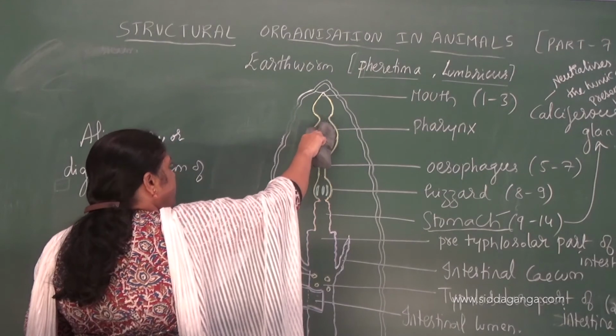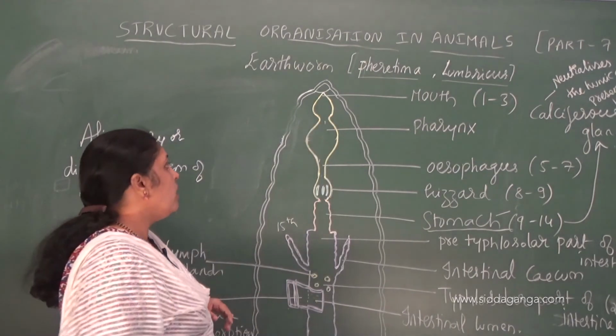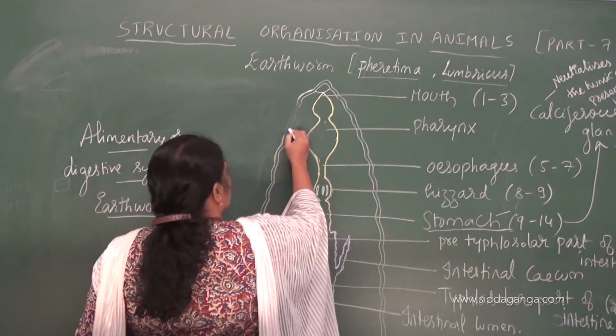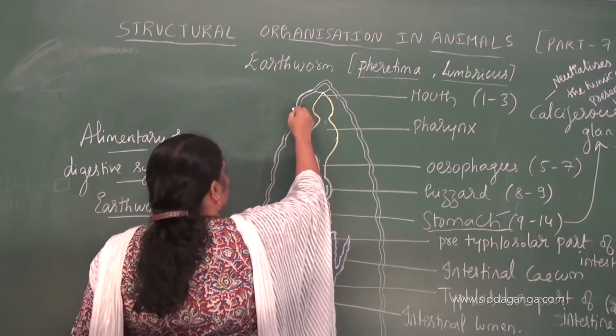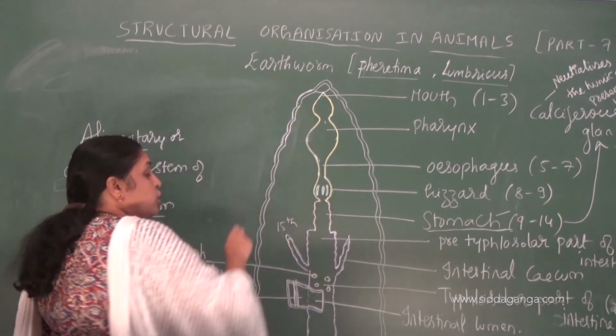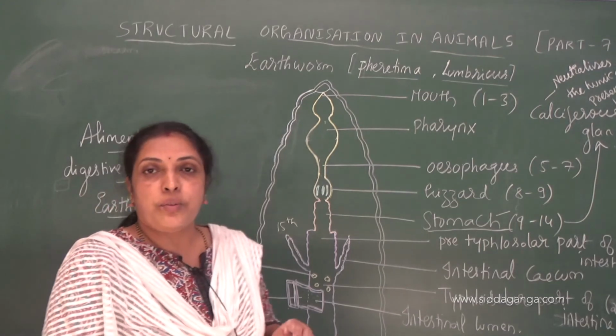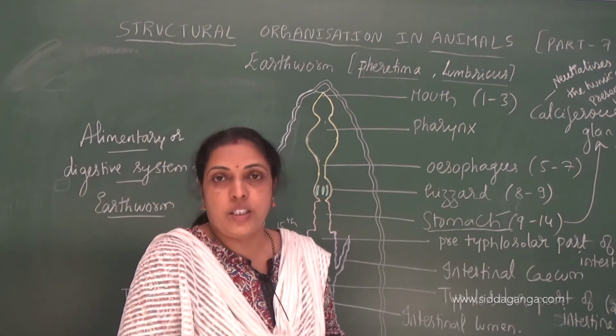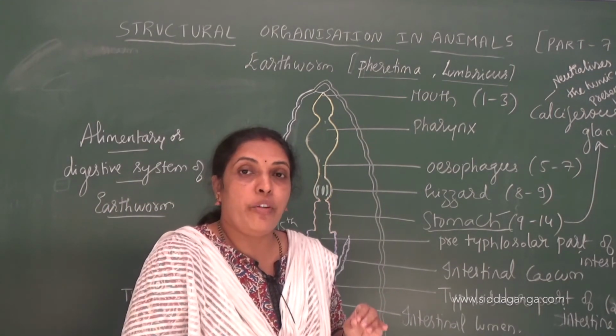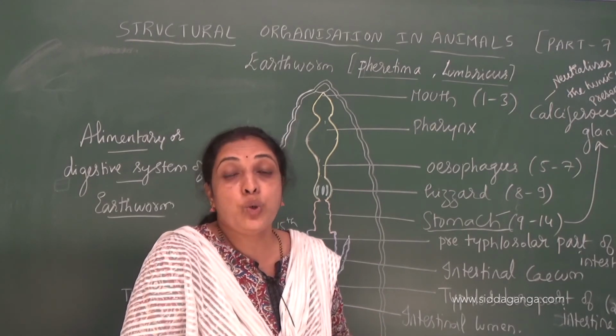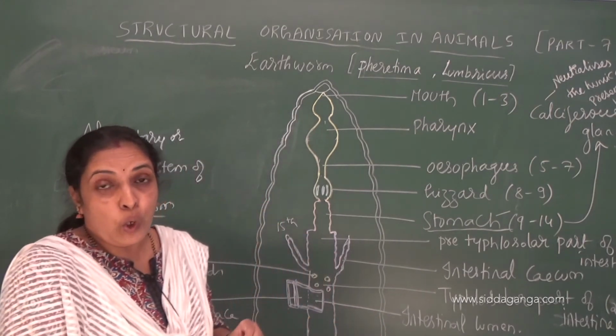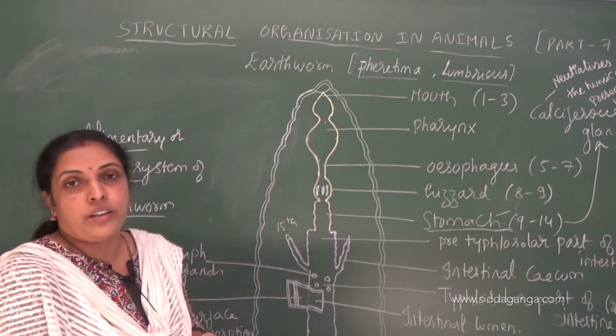We know that phylum Annelida shows the closed type of circulatory system. It is the first phylum which shows a closed type of circulatory system. It is the first phylum where we see a true coelom present; they are coelomate. Understood?